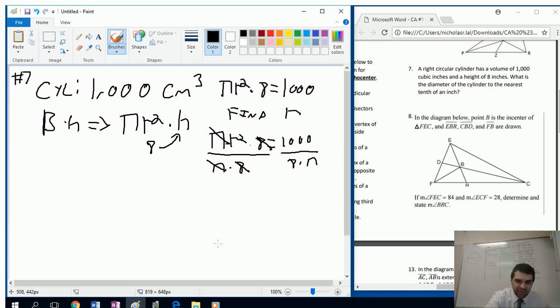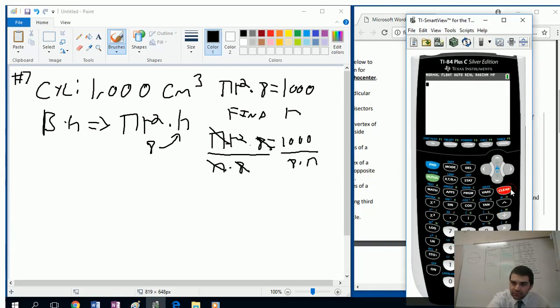So let's figure out what that is real quick. 1,000 divided by 8 times pi. 39.788.